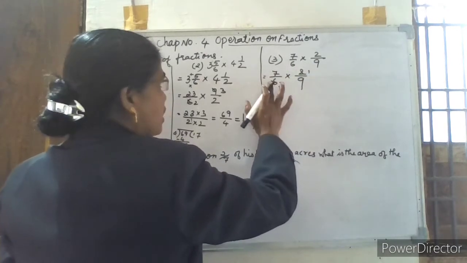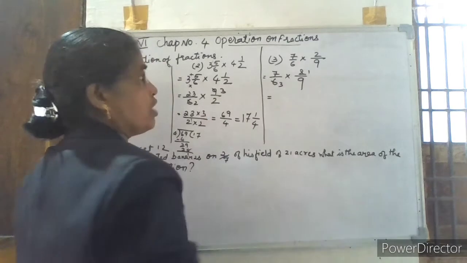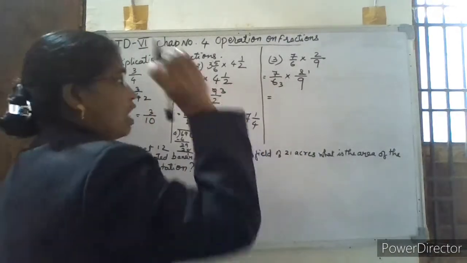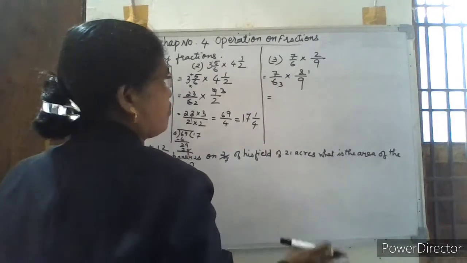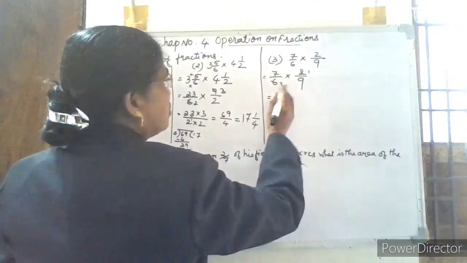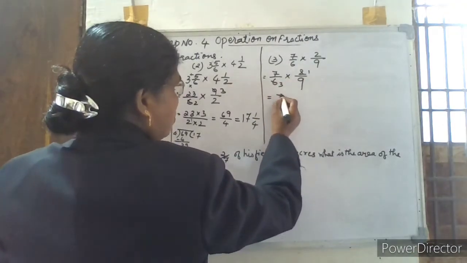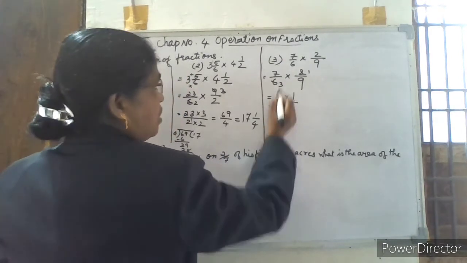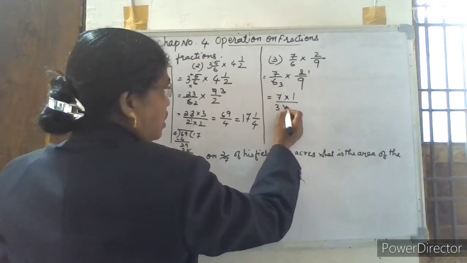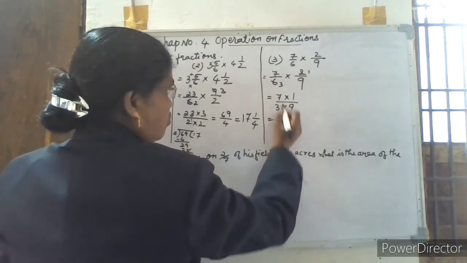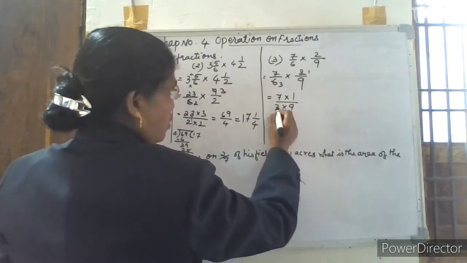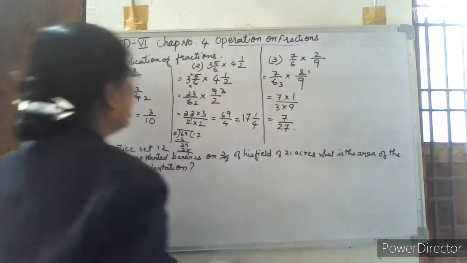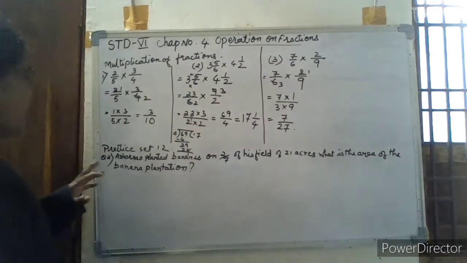Only this way cross or this way cross, if they are multiples of the same number. So now 7 is remaining into 1 is remaining here, numerator, and denominator 3 into 9 is remaining. So 7 1s are 7 upon 3 9s are 27. Finished. This is over.